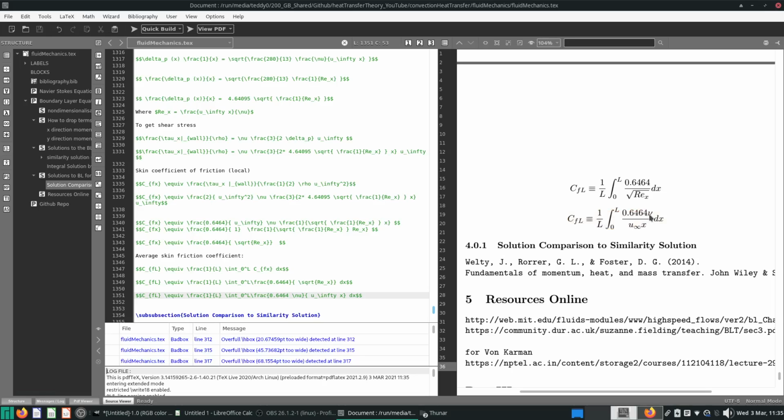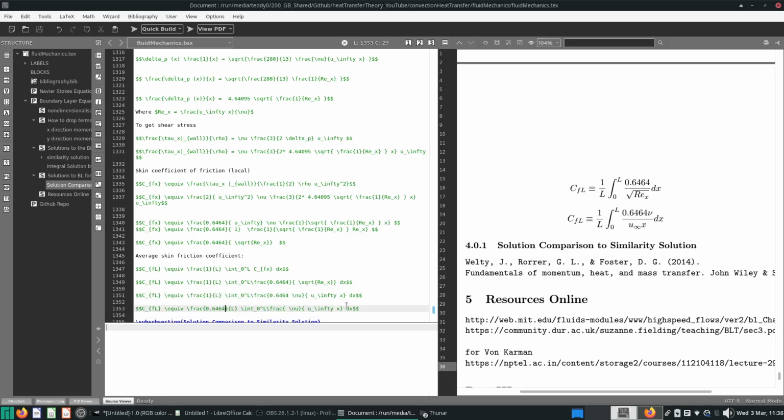Actually, this 0.6464 nu u infinity, all of this can be brought out. And this is just a square root integration. Pretty simple. Okay, let's bring out this 0.6464 and put it outside. Nu will also go outside on the numerator, and u infinity will go in the denominator.